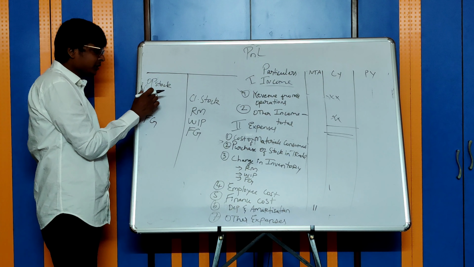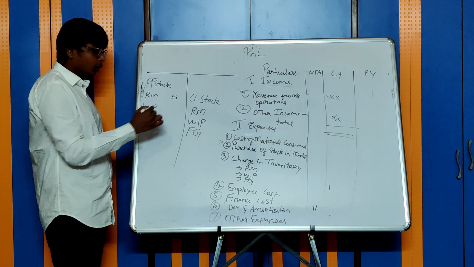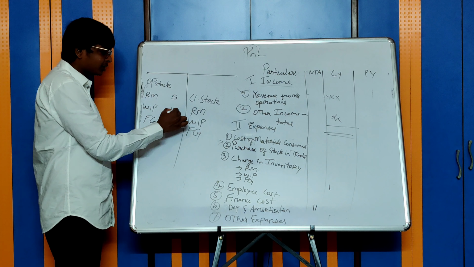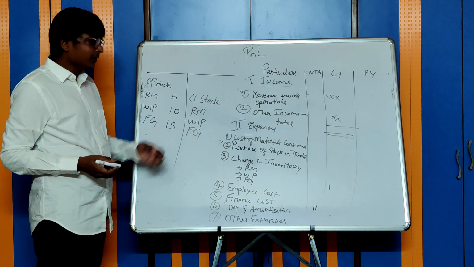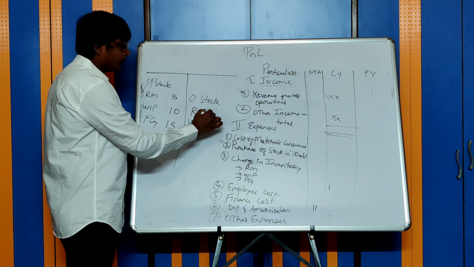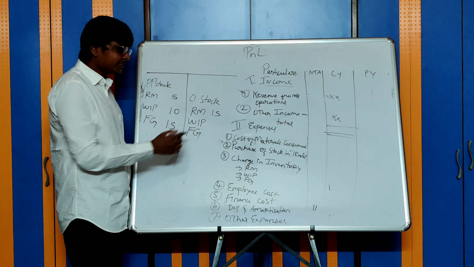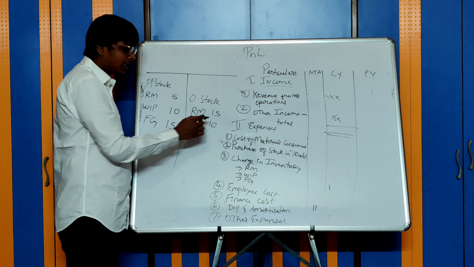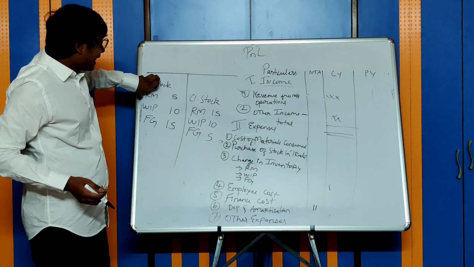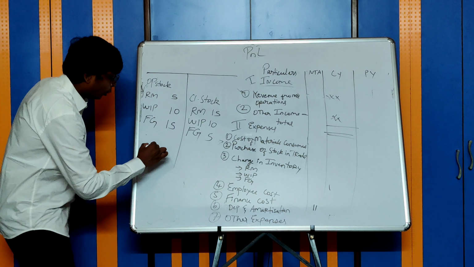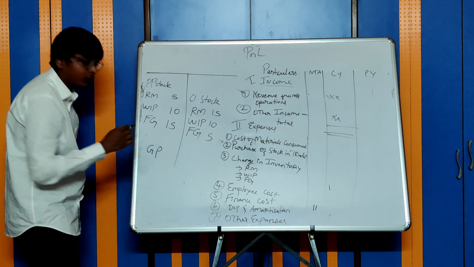Let's say my opening stock of raw materials is 5, opening stock of work in progress is 10, and opening stock of finished goods is 15. Similarly, let's say my closing stock of raw materials is 15, closing stock of work in progress is 10, and closing stock of finished goods is 5. Let us take item by item to see how it impacts my gross profit.